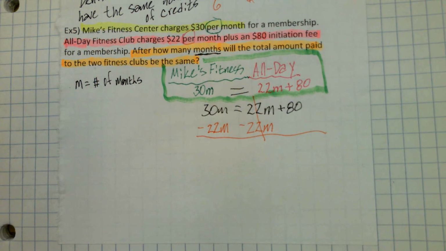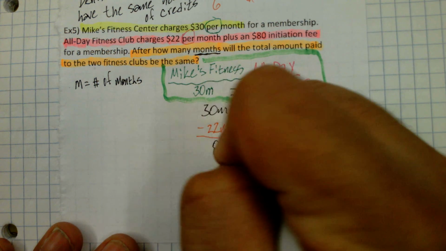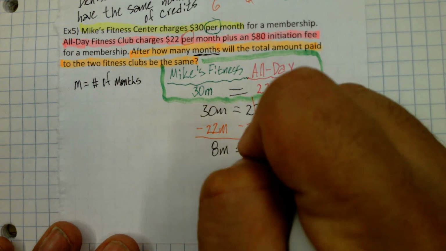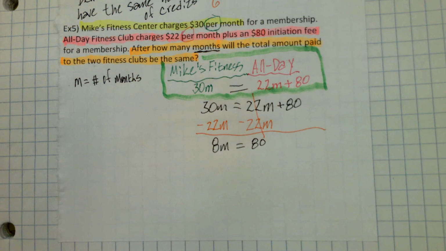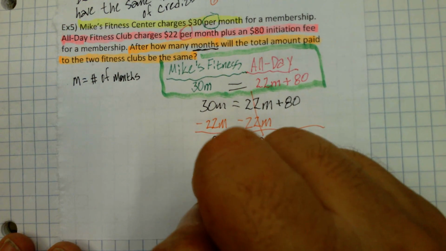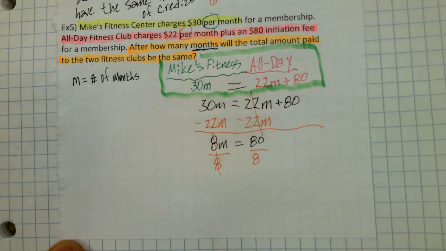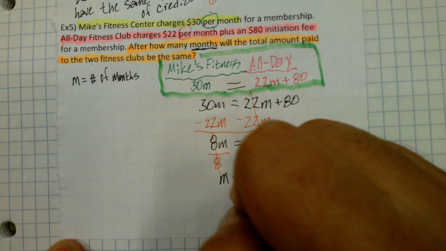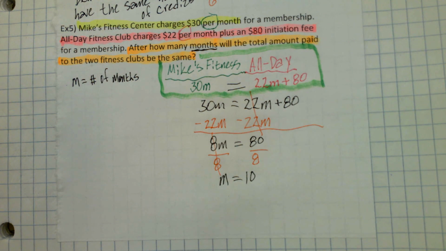We got 30 take away 22, that's 8. 8M equals 80. So how many months is it going to take for both of them to charge you the same amount? 10. Thank you. M equals 10. So that's how many months it's going to take.